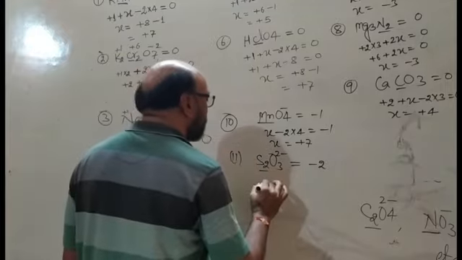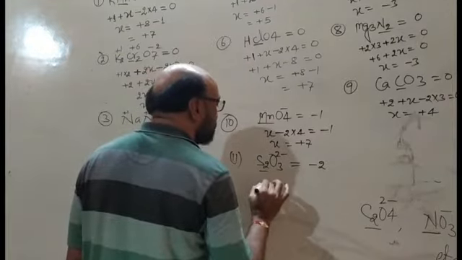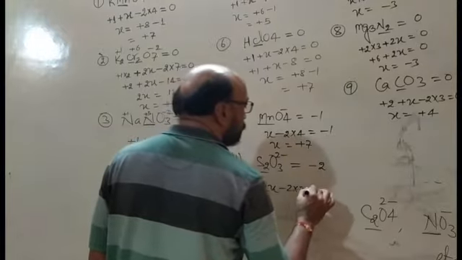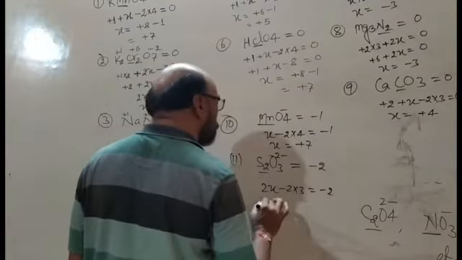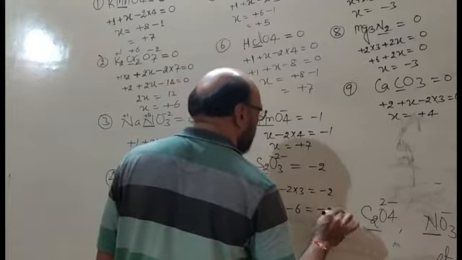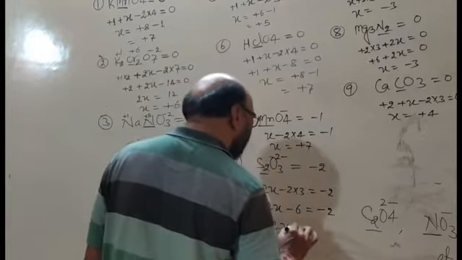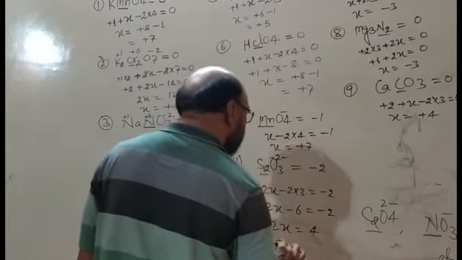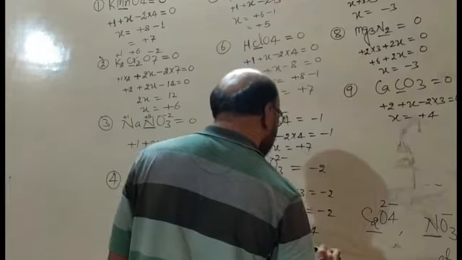Let for sulfur it is 2X, minus 2 for oxygen into 3 is equal to minus 2. So 2X minus 6 is equal to minus 2. 2X is equal to 4. X is equal to plus 2.